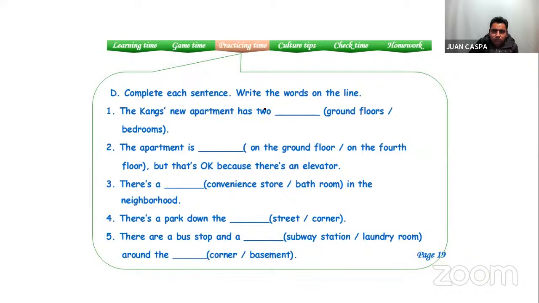Kang's new apartment has two ground floors or two bedrooms. And so, this is, oh no, just this one.